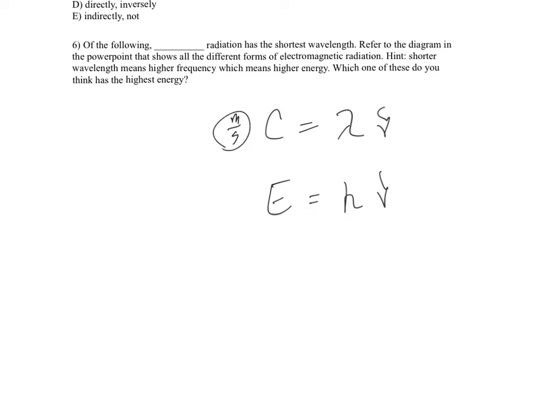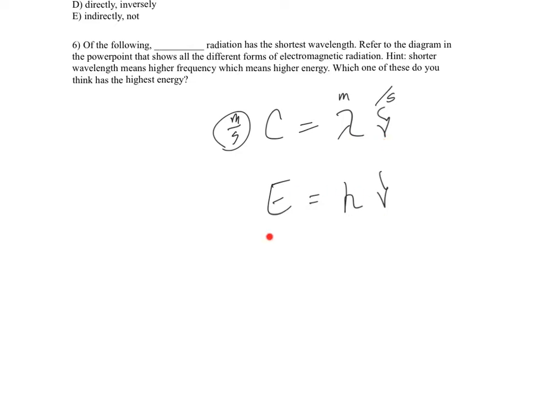So your units here are always going to be meters for wavelength, and reciprocal seconds, per seconds, or hertz are going to be your units for frequency, which makes sense, right? When you multiply meters times this weird per second thing, you get meters per second over here. So those are your units. If you don't have those units, you've got to convert into them, and you'll see some examples of that later. So that's your first relationship, between wavelength and frequency.